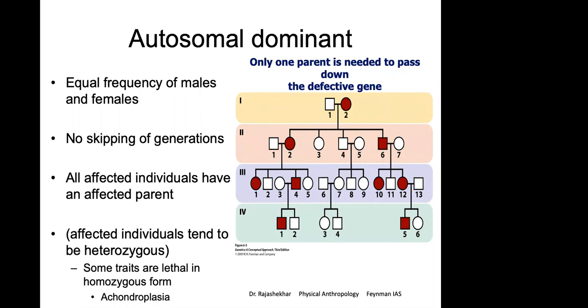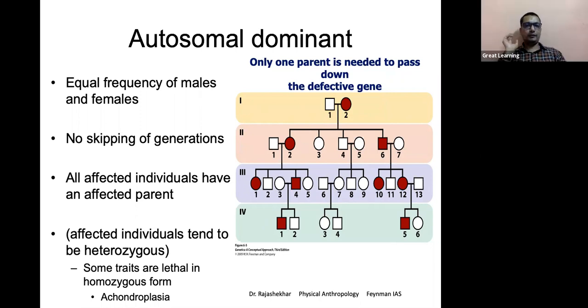You see both, meaning both males and females are affected, so there is equal frequency of males and females. So you rule out here that it may be an X-linked or sex-linked problem. From this equal frequency you come to, not a conclusion yet, but it looks like this might be an autosomal disease. We don't know whether it is dominant or recessive, but it definitely looks autosomal because it is appearing in both genders, males and females equally.